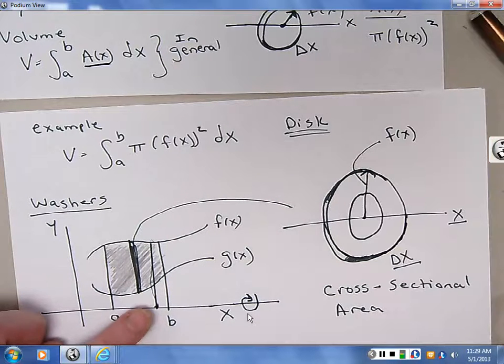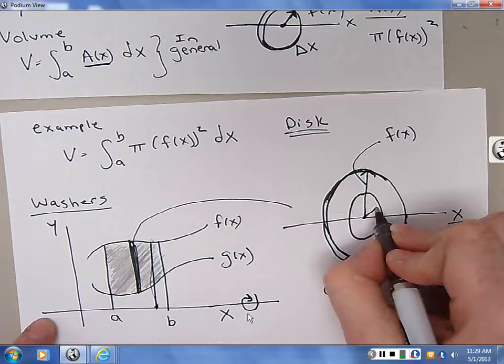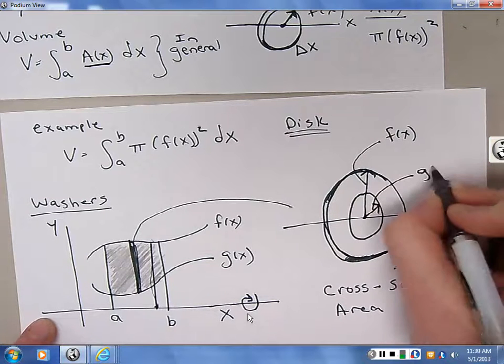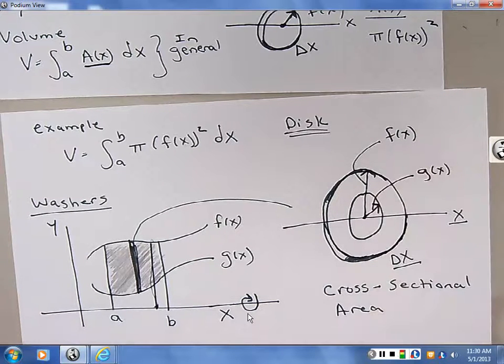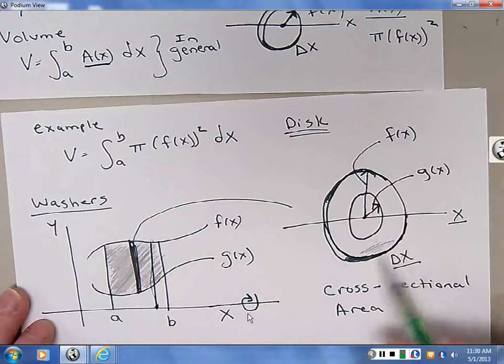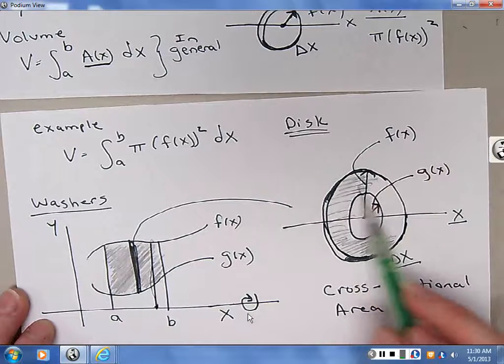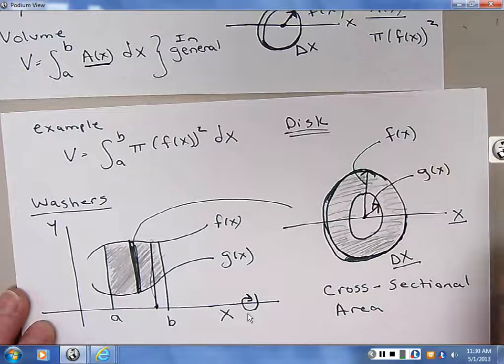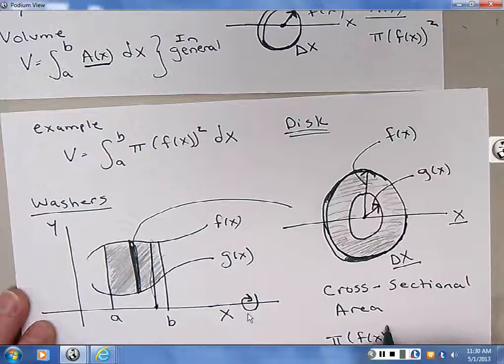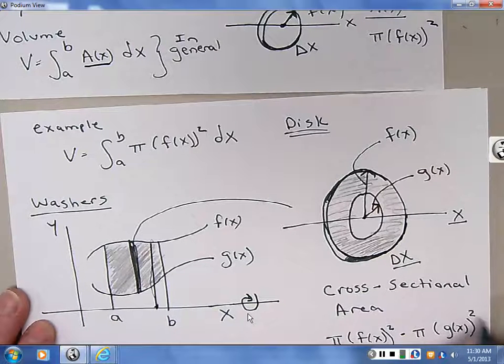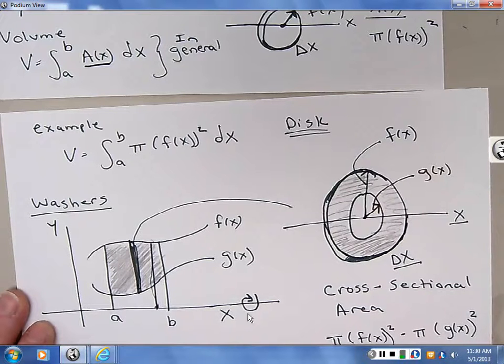And then what would be the distance of my axis of rotation to my inside function? g of x. So what is going to be the area of this cross-section? Pi times f of x squared minus pi times g of x squared. And of course I could write that as pi times f of x squared minus g of x squared.